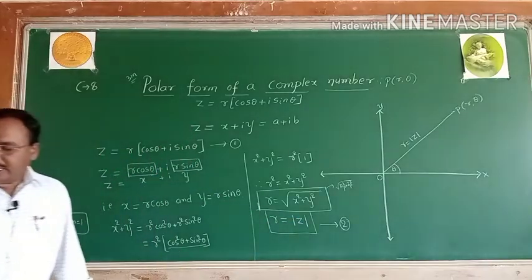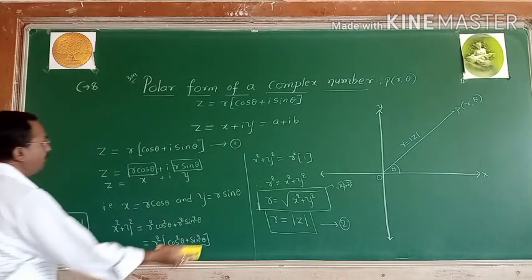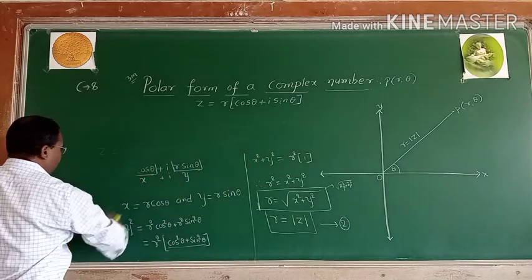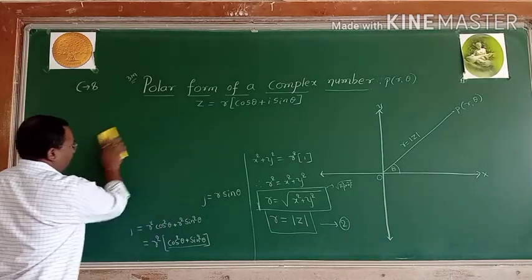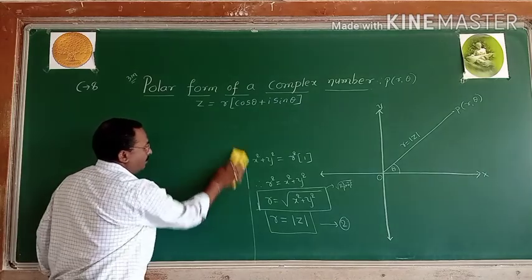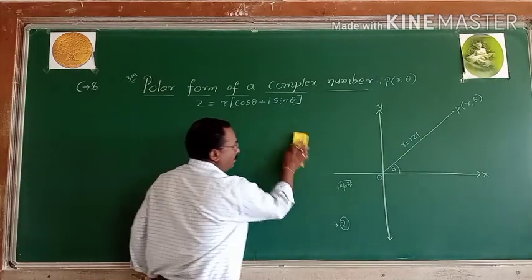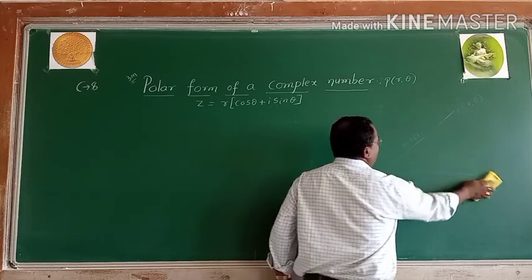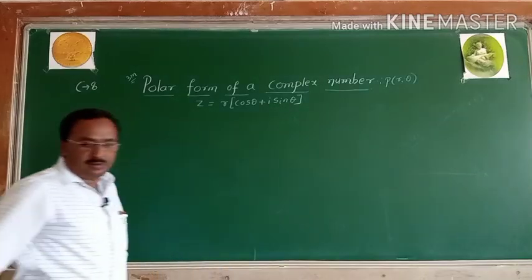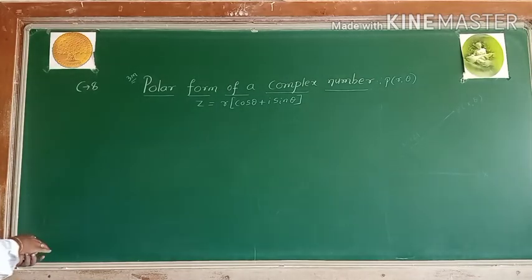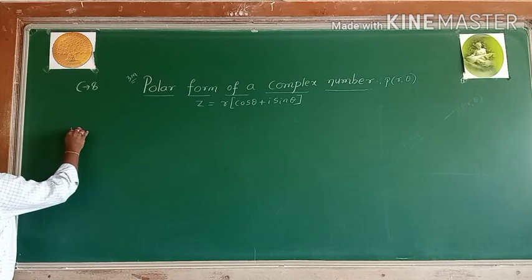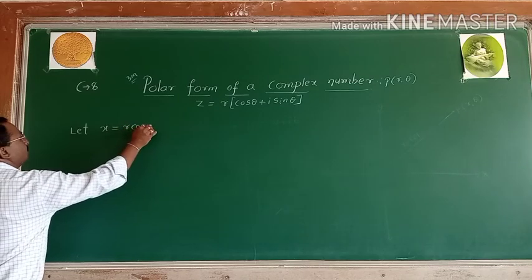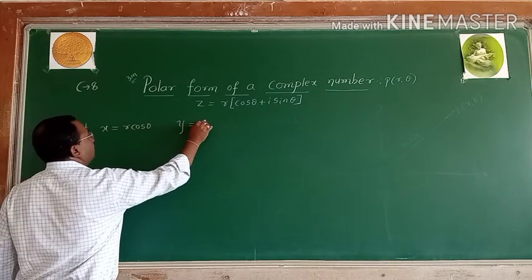The next is to find theta. Let x is equal to r cos theta, y is equal to r sin theta.